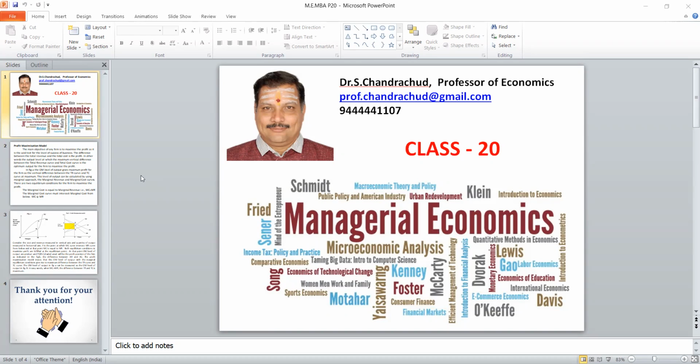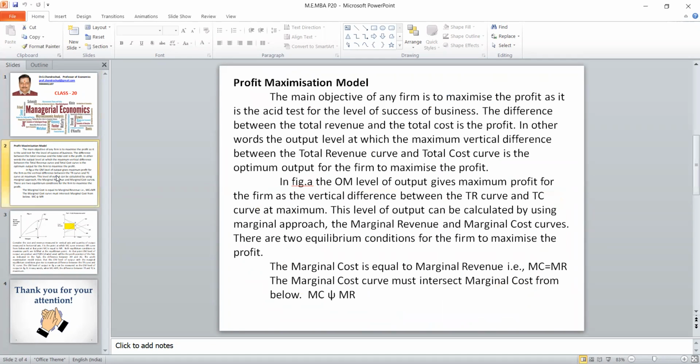For any business, they want to know at what output level the difference between TR and TC is maximum. Every firm wants to know that, but it needs some scientific methods. So this profit maximization model is a scientific method which will help the firm understand what the maximum profit will be, and at what level of output the profit is maximum.